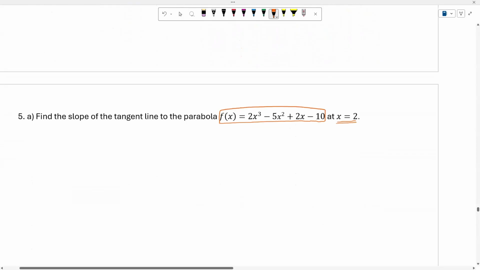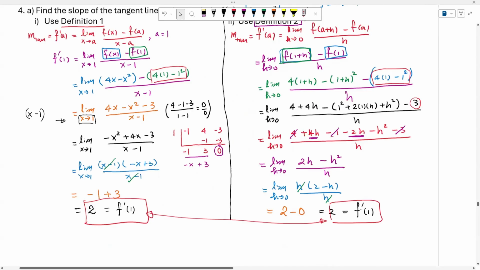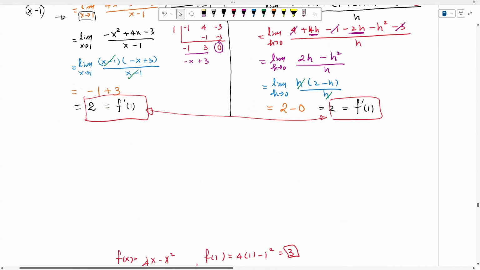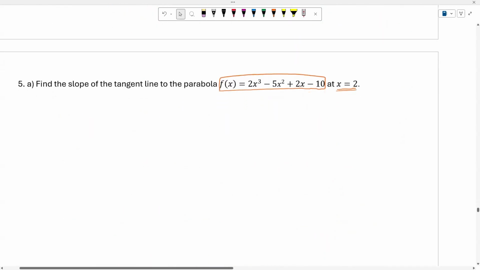So again, to this one, it doesn't matter if you're using definition 1 or definition 2. But again, my suggestion is using definition number 2. So let's see.